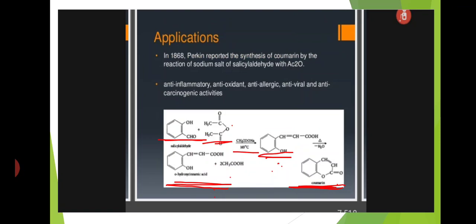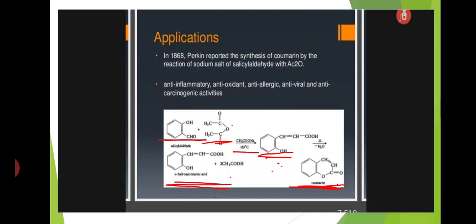Applications of Perkin's reaction. In 1868, Perkin reported the synthesis of coumarin. This coumarin has anti-inflammatory, antioxidant, anti-allergic, antiviral, and anti-carcinogenic activities. This coumarin is produced from salicylaldehyde and acetic anhydride.